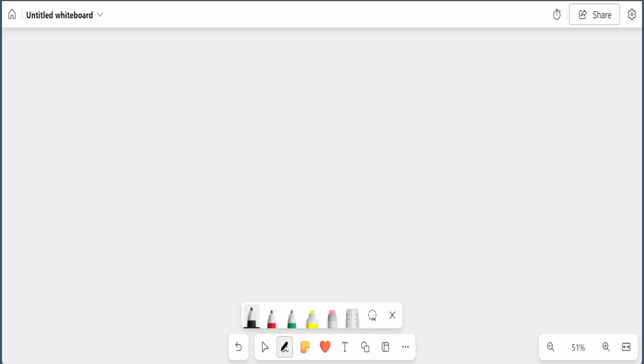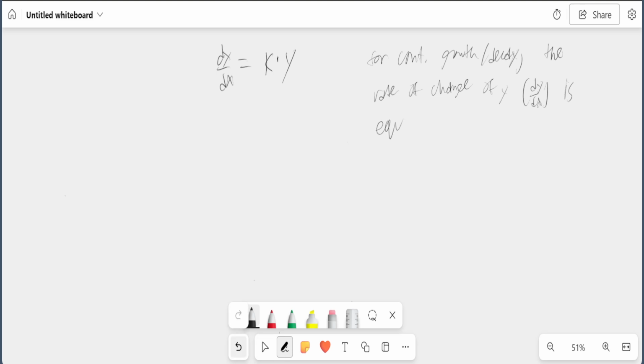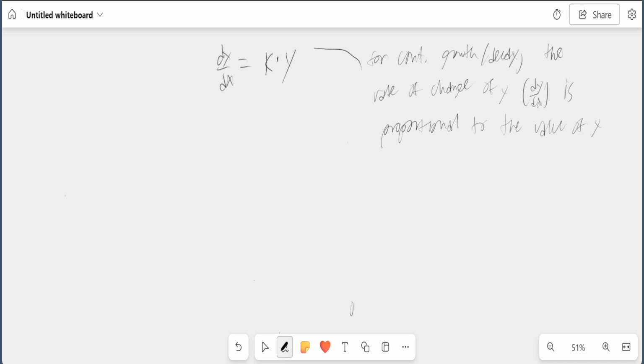The definition for continuous growth or decay is that the rate of change of y is proportional to the value of y, so it's times some constant. So for continuous growth slash decay, the rate of change of y, dy dx, is not equal, but proportional, to the value of y. And then you just solve this, right?